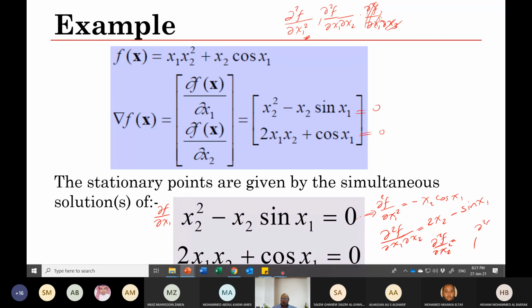And partial square f by partial x2 partial x1. So you take the derivative with respect to x1 here in this second case. So what you can have here, in the second derivative, you have 4 entries: partial square f by partial x1 square, partial square f by partial x1 partial x2, and so on.